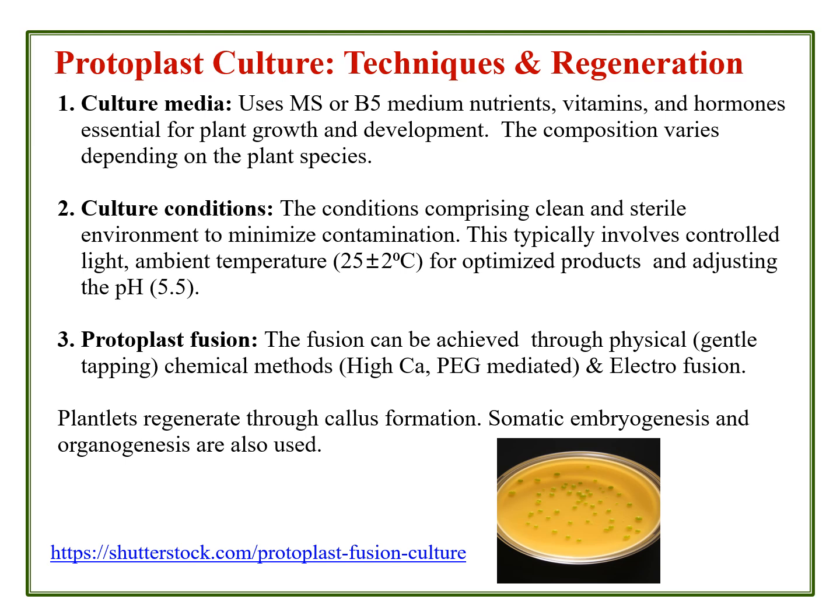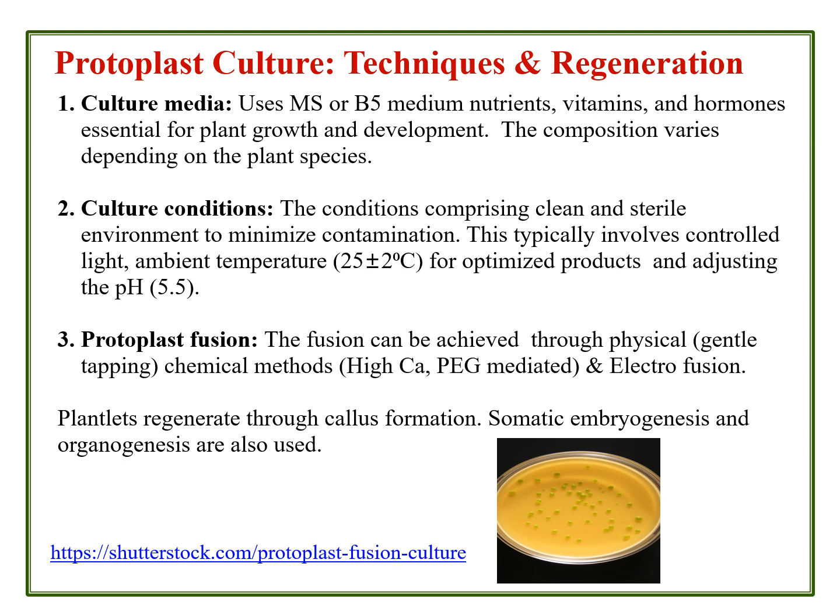Physical agents: gentle tapping of the protoplasts isolated in an isotonic solution. Or chemical methods: high calcium, a polyethylene glycol mediated method, or electrofusion. These are very effective methods to get the protoplasts in hybrid mode.